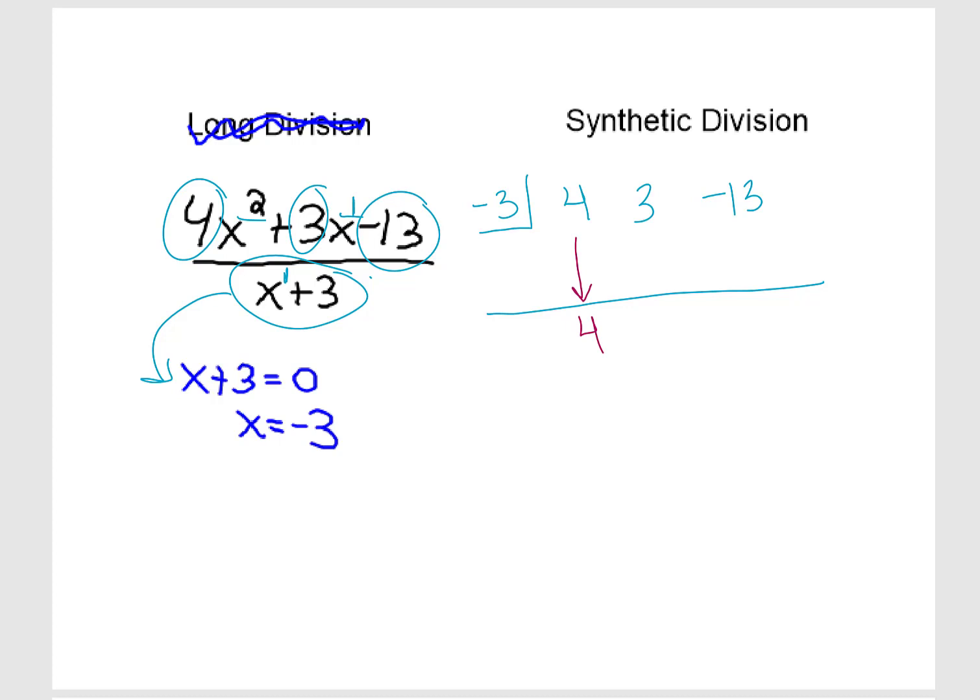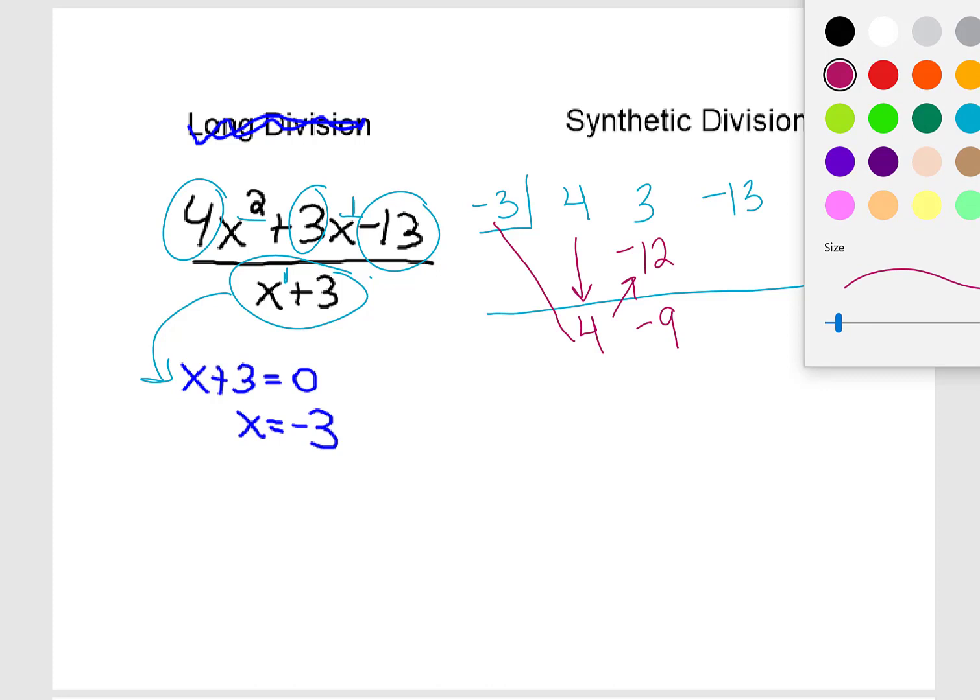And now you're going to take that -3 and multiply it, and put the product right there. So -3 times 4 is -12. And now we add 3 and -12, and we get -9.